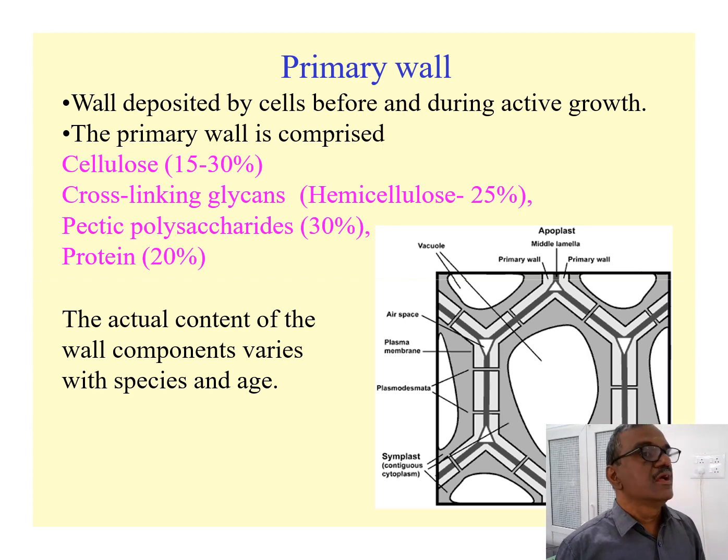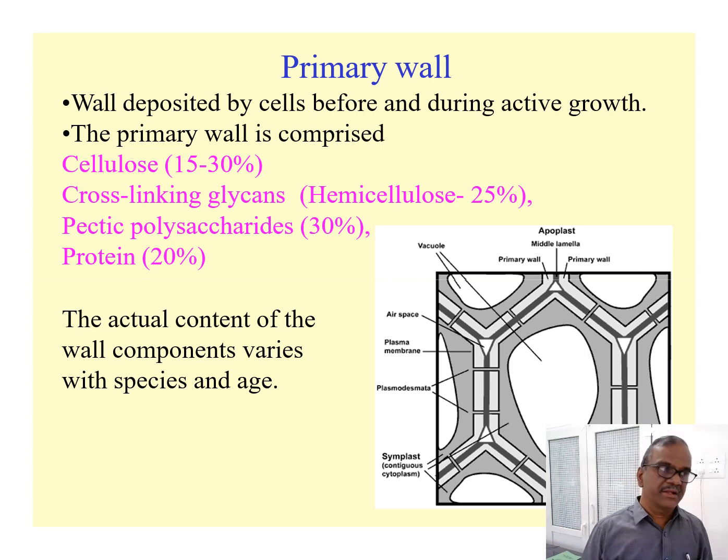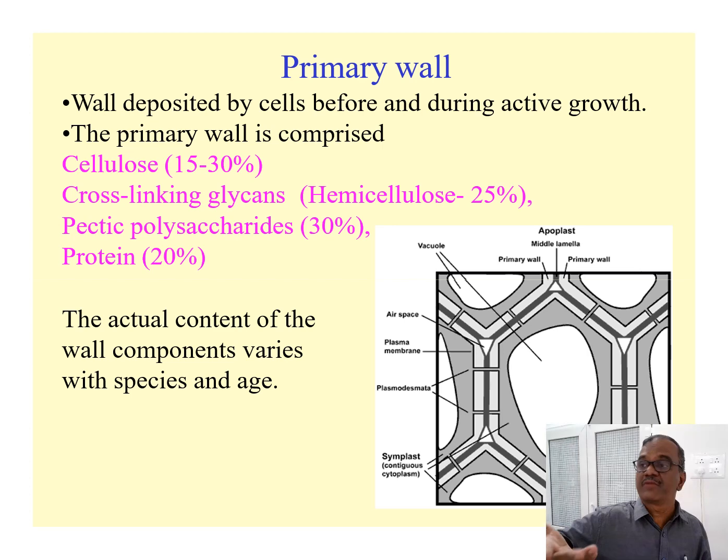Whereas what is the composition in the primary wall? So it is the cellulose to the level of 15 to 30%, then hemicellulose 25%, pectic polysaccharides 30%, and the protein 20%. Okay, so listen to it because we are going to have the slides also. No problem writing everything.